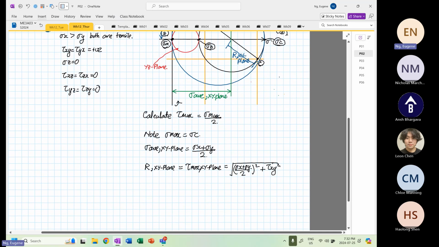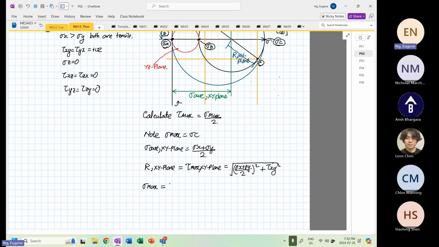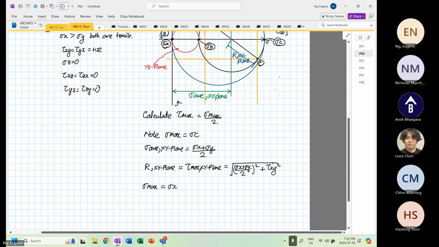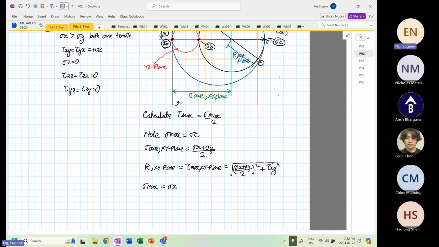So finally, we come up with a form that we have our stress max will be equal to stress X plus stress Y. So our stress max is equal to stress X, right?